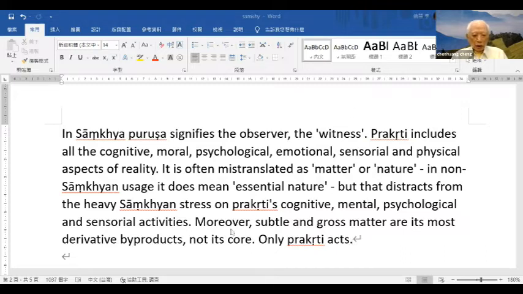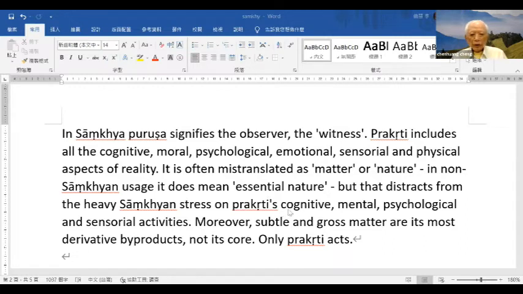So from this sentence, we understand that the Chinese Buddhist literature has a kind of mistranslation, because in Samkhya philosophy, the main concept of Prakriti is the spiritual or the mental function, not the material aspect.